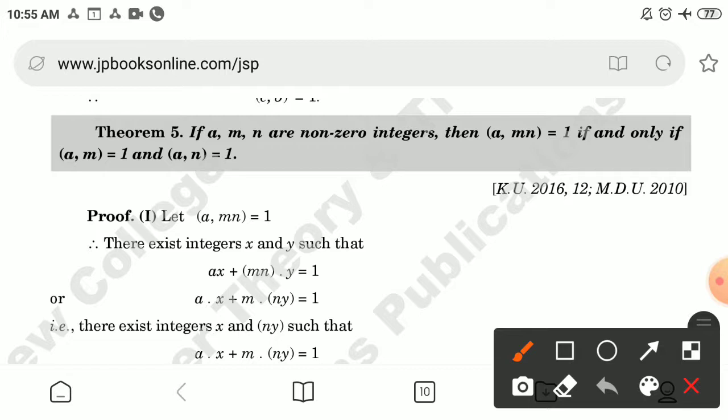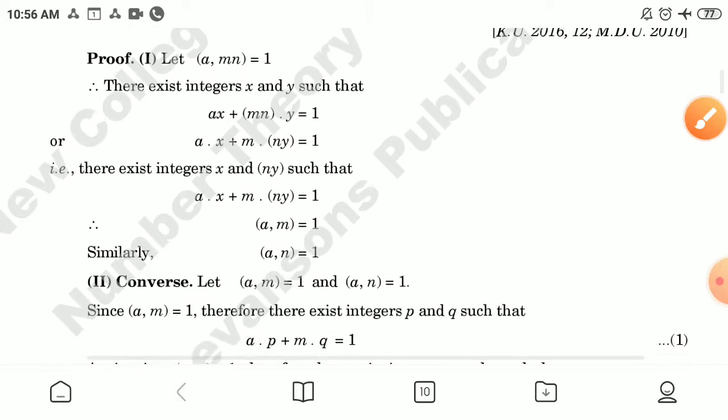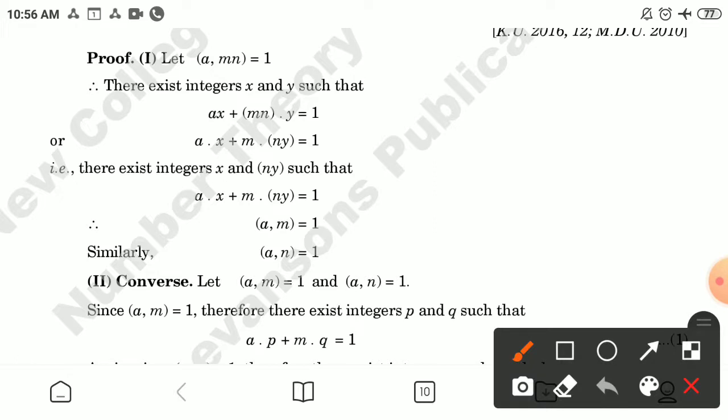Next theorem: if a, m, n are non-zero integers, then the greatest common divisor of a and mn equals 1 if and only if the greatest common divisor of a and m equals 1 and the greatest common divisor of a and n equals 1. Now the proof. Let the greatest common divisor of a and mn equal 1.